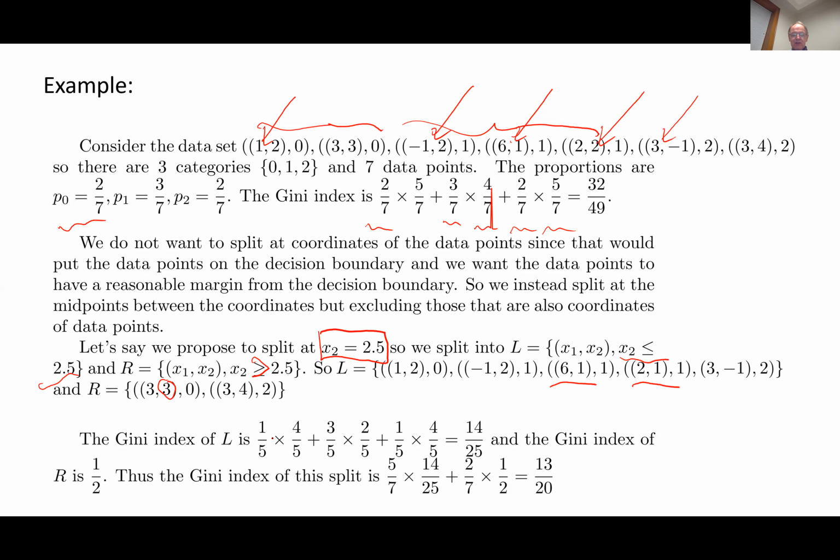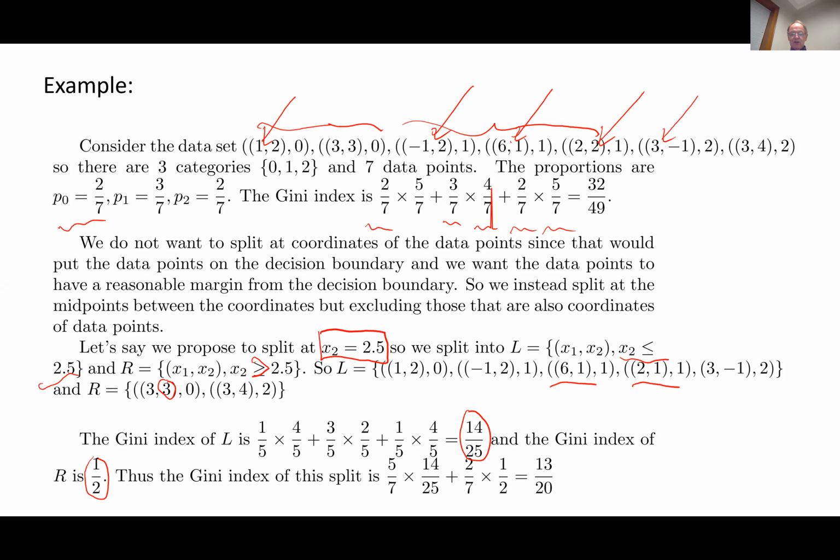So for category 0, there are 5 points, 1/5 times 1 minus 1/5, that's 1/5 times 4/5. Category 1 would be 3/5 times 2/5, and category 2 would be 1/5 times 4/5. Altogether, the Gini index of the left node would be 14/25, and the Gini index of the right node would be just 1/2.